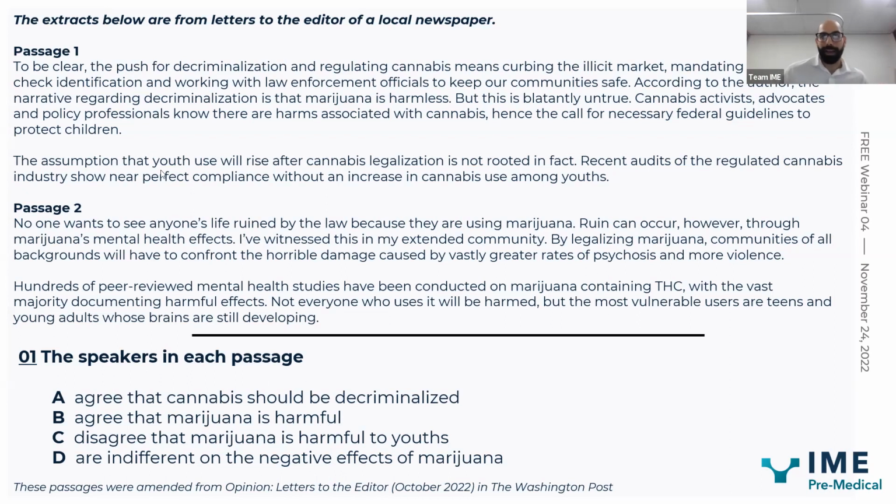However, passage 1 is clear that regulation of the drug is far better than criminalizing those who smoke marijuana, whereas passage 2 says that marijuana is bad and therefore we should criminalize the drug because it causes negative health implications. So they both understand marijuana is bad, but they have different reasonings for why it should be criminalized or decriminalized.